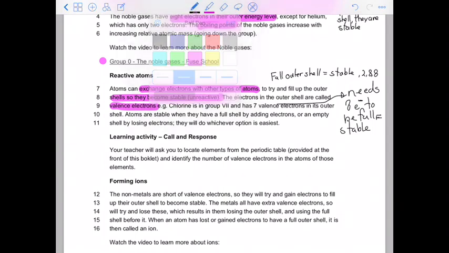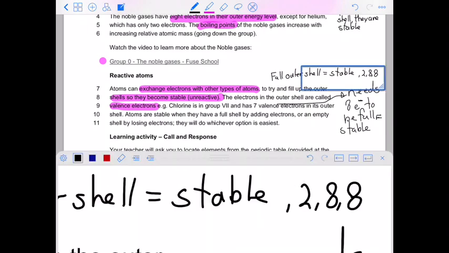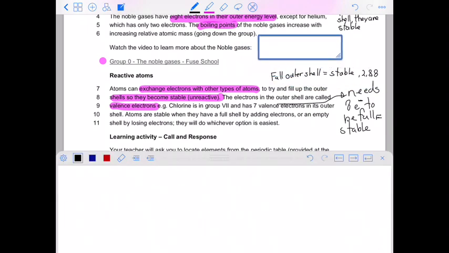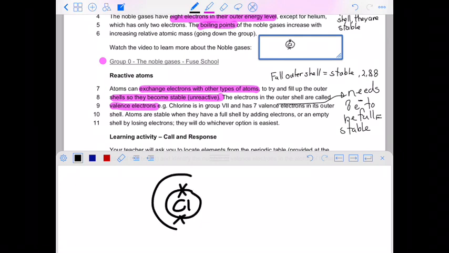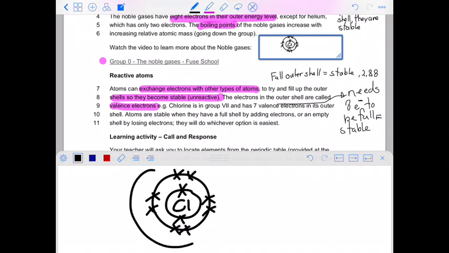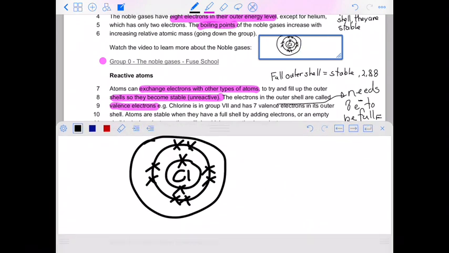So if I were to draw chlorine, I'll draw it up here. Our first shell, we have 2 electrons. Our second shell, we have 8 electrons. And our third shell will have 7 electrons. So there's our chlorine atom.